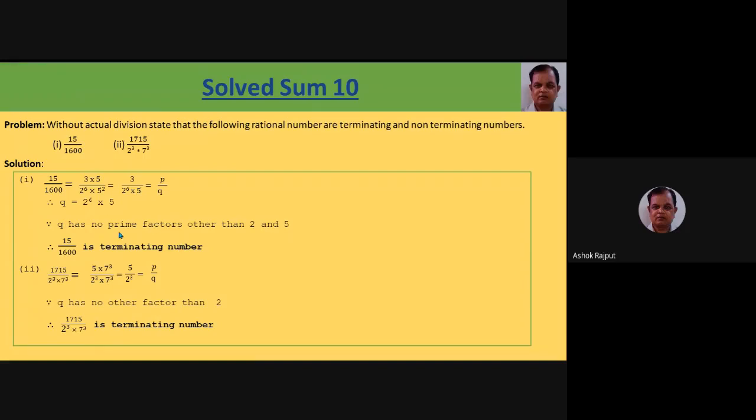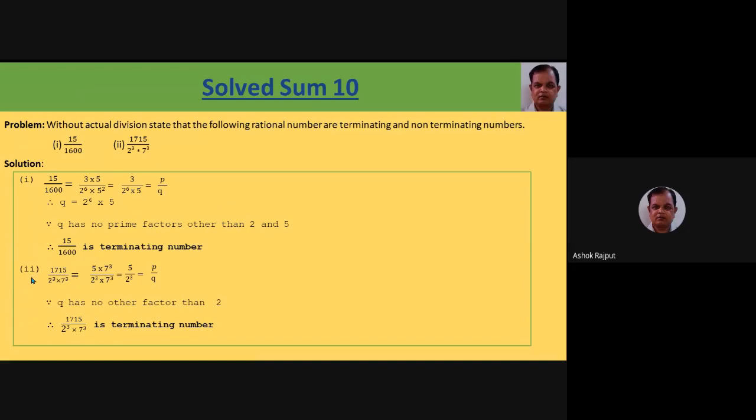First we compare with our concept, and we will use that one. The concept is this: if the denominator is in the form of 2 raised to the power m and 5 raised to the power n, where m and n may be the same also, different also, and sometimes they may be zero also.